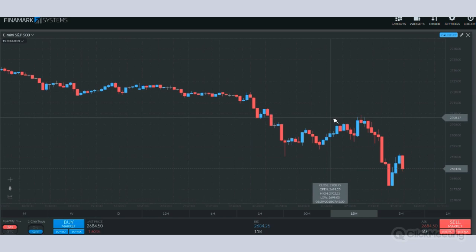Now, before we get too deep into risk management, it is extremely important to understand that risk management is one of those things where you're going to have to find your own feng shui. You're going to have to find your own flow, what fits for you personally. It's a very personal matter.